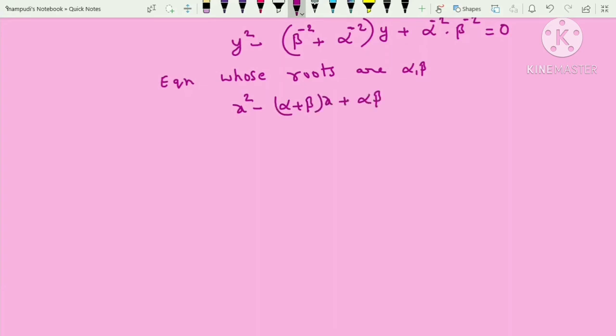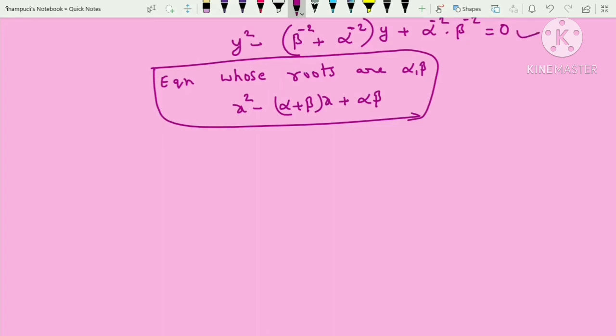Here the roots are in this way. We observe that in this equation alpha^−2 and beta^−2 are the roots. Therefore the answer is alpha^−2, beta^−2 are the roots.